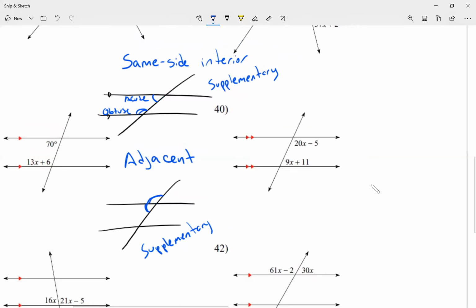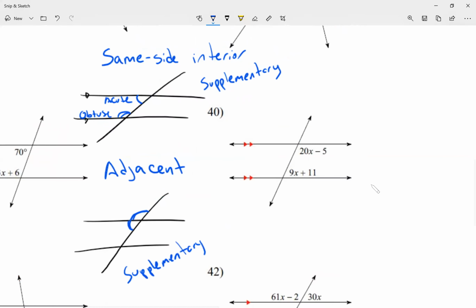Now, one thing, coming back to same side interior. Because you guys are from different schools, some teachers like to call it same side interior. Some other teachers like to call it consecutive interior. I don't know who your future math teacher is, so I'm going to give you all the possible names. Some people call it same side interior, that's how I call it, but some other teachers call it consecutive interior.